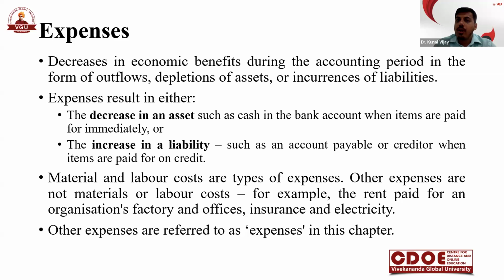These all are together known as expenses. So other expense refers to expense in this chapter. Cost has three elements: material, labor, and expenses. Expenses refer to insurance, electricity, rent, depreciation, water expenses, manufacturing expenses. So there are many types of expenses.